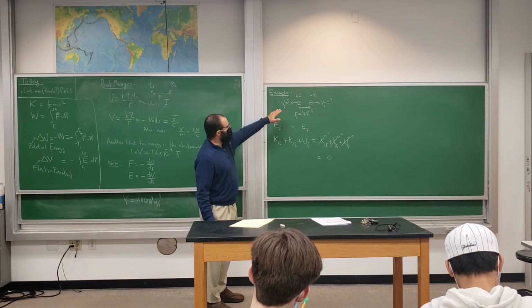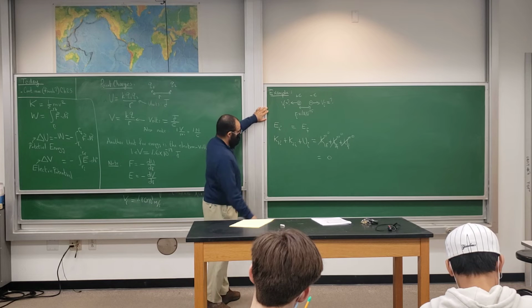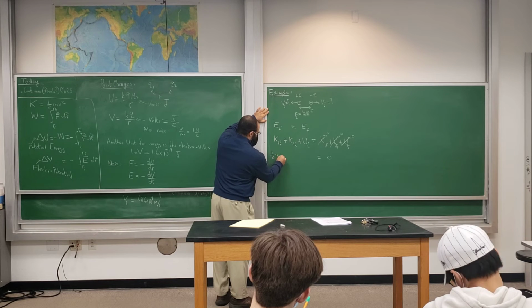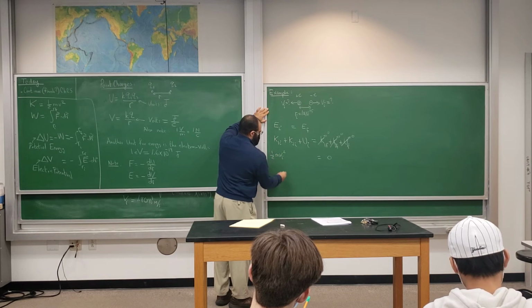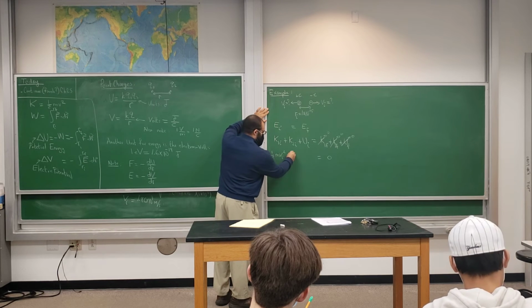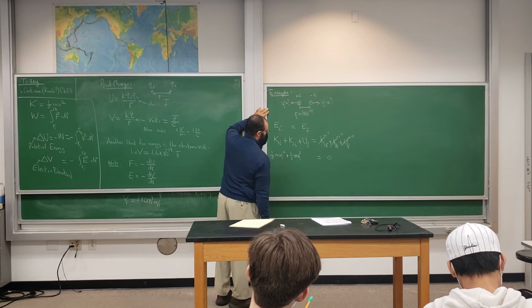Left-hand side, we're assuming, like the book, electron and positron have the same mass. So the kinetic energy of the first object is 1/2 m v initial squared. And the kinetic energy of the second object, same mass, same initial speed, so another 1/2 m v initial squared.